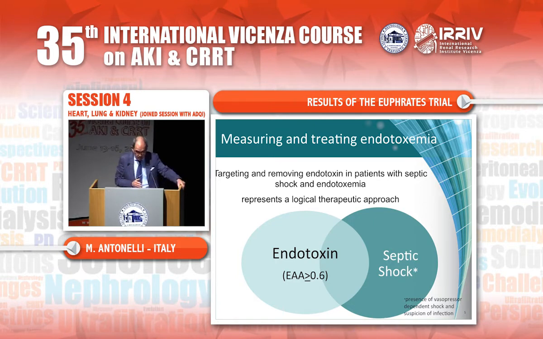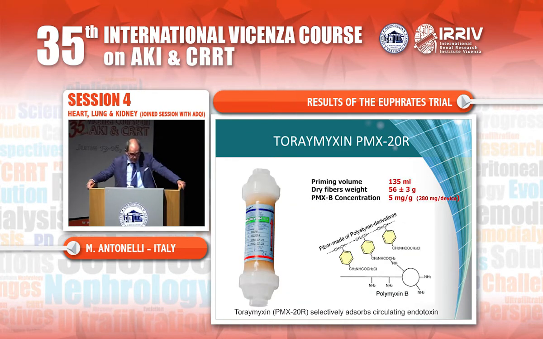The threshold for the endotoxin determination for those patients who are in septic shock is represented by a level of the assay of about 0.6. And the principle behind the removal of endotoxin exploits a cartridge that, through ionic and covalent binding through the polymyxin, which is adherent to the fibers of the cartridge, can remove the endotoxin from the circulatory stream.